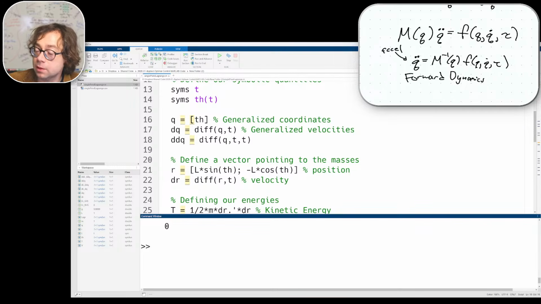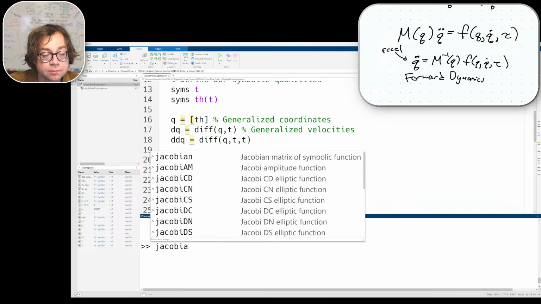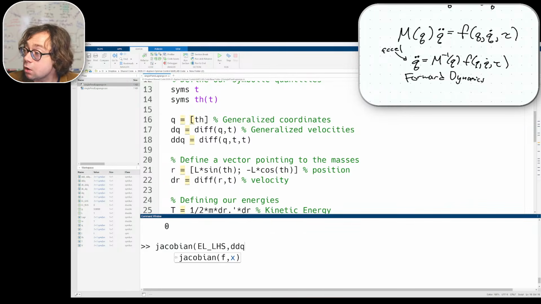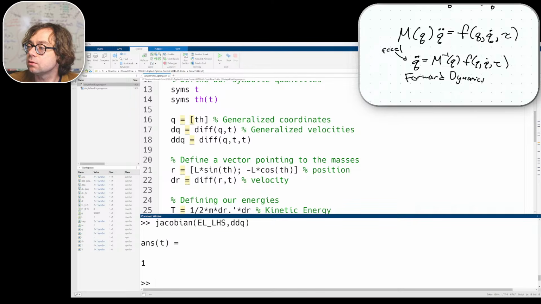So if in the command window I said, hey, what is the Jacobian of our EL left-hand side with respect to ddq, what does it give us? That ain't right. I don't think that that's right. Is that right? Actually, technically, I think it is right.